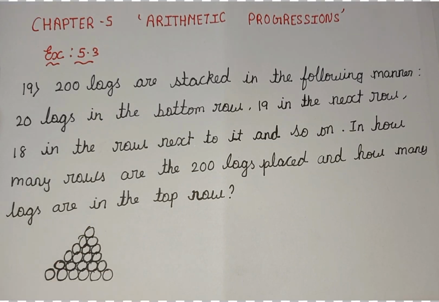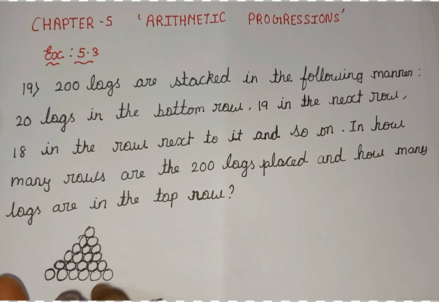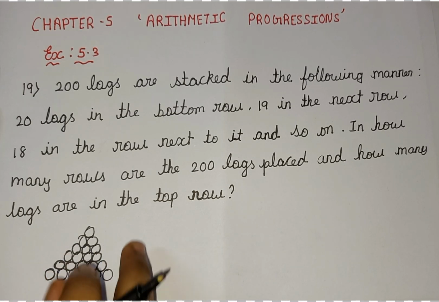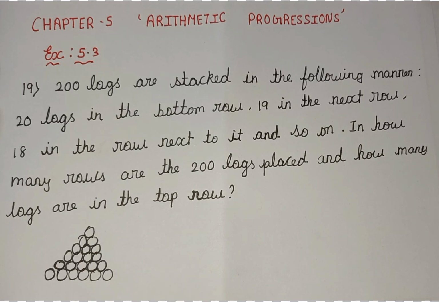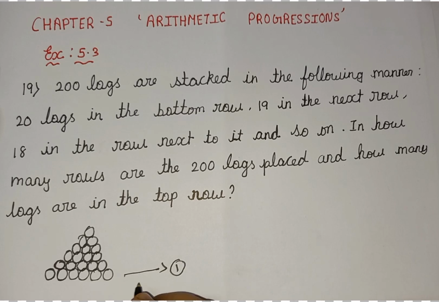Order wise. If you place 6, 6, 6, 6 in a row, it is impossible to maintain it, isn't it? So most of the things we arrange like this. First they'll have 6 logs, and next 5 logs, and then 4, 3, 2, 1. Likewise in the first row, the bottom row, there are 20 logs.